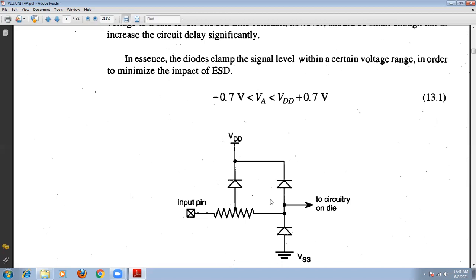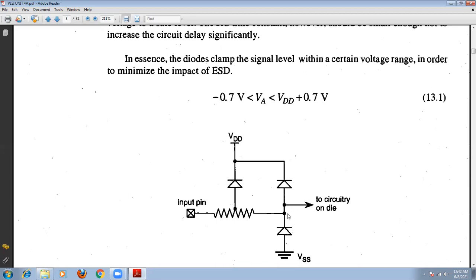For example, this is a simple circuit diagram of the protection network. When the signal arrives here, depending upon the voltage level of the signal at this point, if a negative voltage is entered, this transistor turns on, and the voltage equals the cut-in voltage of this transistor, which is 0.7 volts.